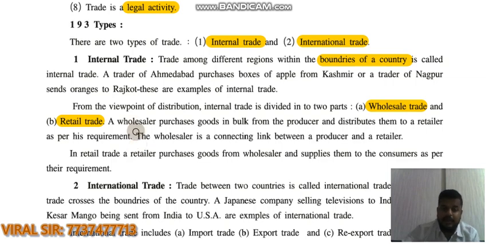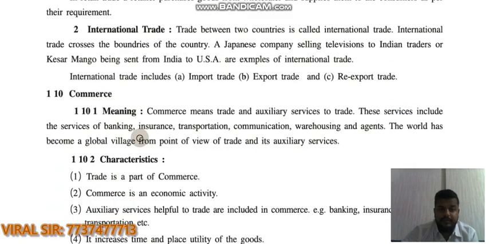Clear? Next is international trade. International trade is trade between two countries. International trade crosses the boundaries of the country. A Japanese company selling televisions to Indian traders, or Kesar mango being sent to the USA from India, are examples of international trade.